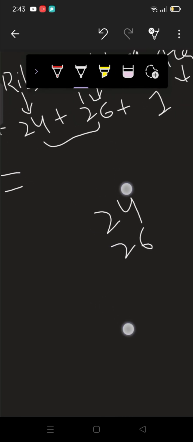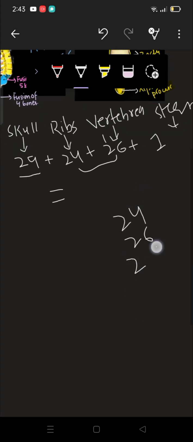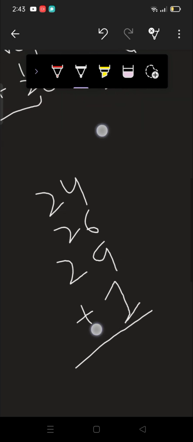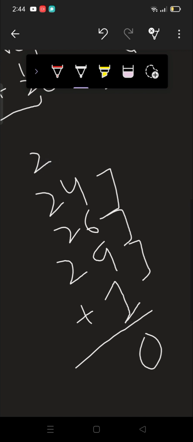Then we have 29 plus 1. If I count these all now, 4 plus 6 is 10, 10 plus 9 is 19, and 19 plus 1 is 20. So 0 here, 2 up. 2 plus 2 is 4, 4 plus 2 is 6, 6 plus 2 is 8.